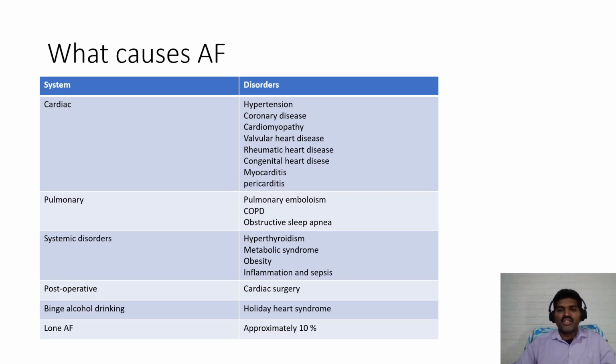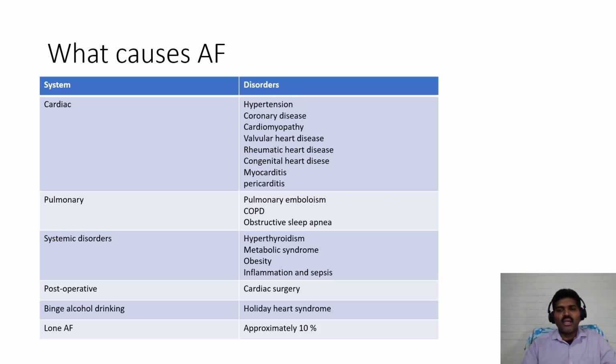Postoperative after cardiac surgery, and binge alcohol drinking, which is called holiday heart syndrome, can develop AF. Lone AF is a variety of atrial fibrillation wherein there is no pre-existing disease. AF occurs by itself. It occurs in approximately 10% of patients. Thus 90% have a discernible cause.